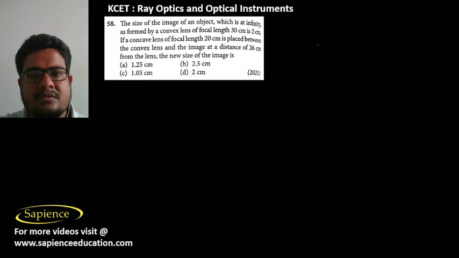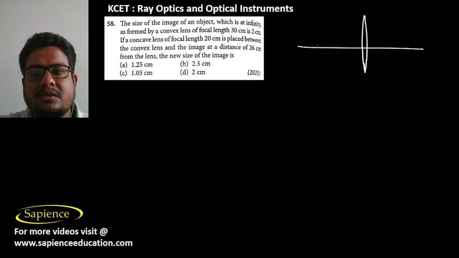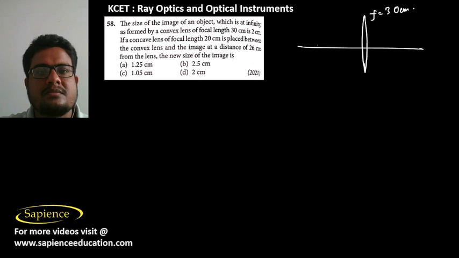Size of the image of an object which is at infinity is formed by a convex lens. This is a convex lens having focal length 30 centimeter. So the object is at infinity.